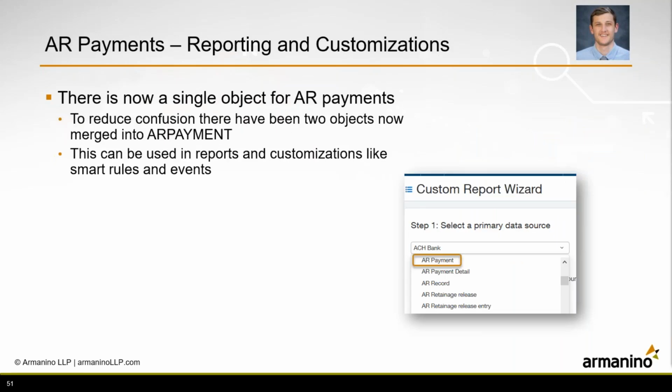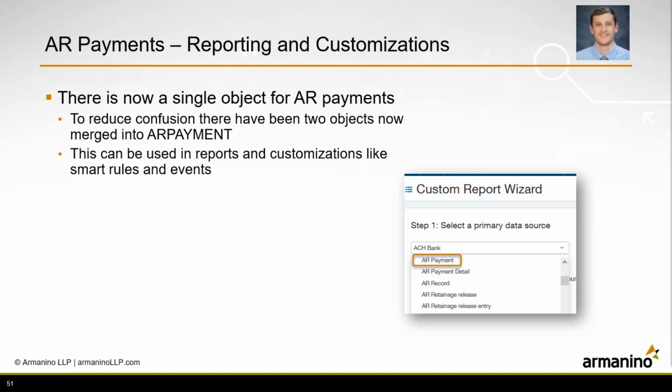And then finally in AR, just a small change here, in regards to AR payments for both reporting and customizations. You might have noticed, if you mess around with creating smart events, rules, or reports, that there's now going to be a single object for AR payment. In the past, there were two objects, AR payment and AR PYMT.